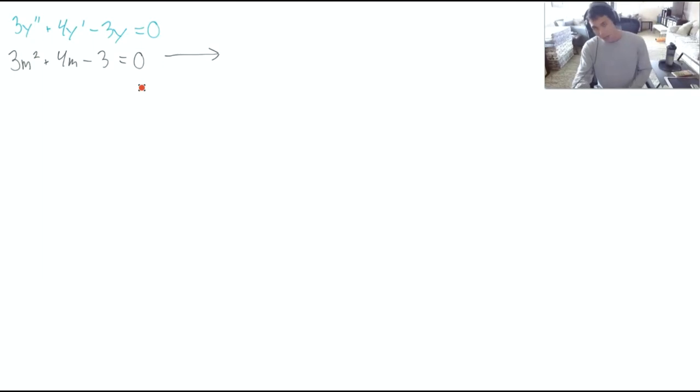So I'm just going to jump to the quadratic formula because I like formulas because they're easy. I'll write out the quadratic formula if you don't remember.